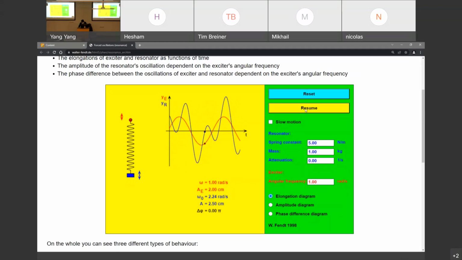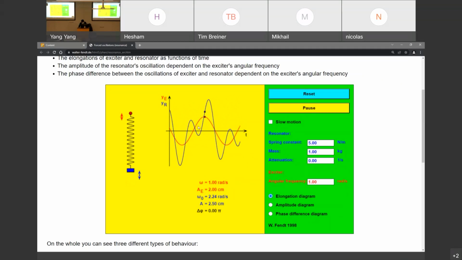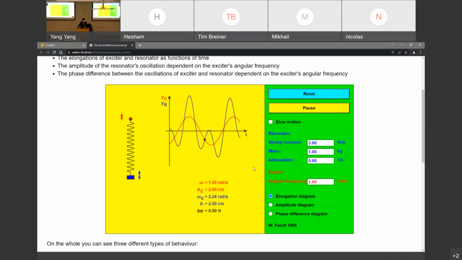Let's restart it. As you can see, at the beginning the response does not have a pattern, but after a while, it does. That's called the steady state response. Initially, it has some transient response. And that's where we have the angular frequency equal to 1.